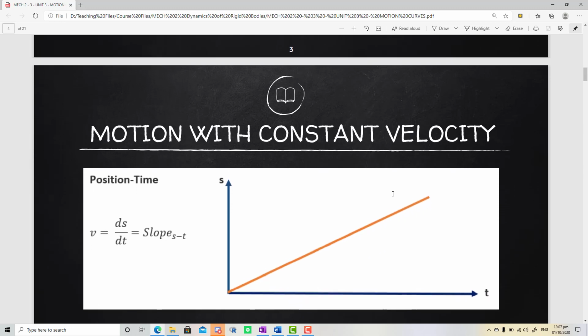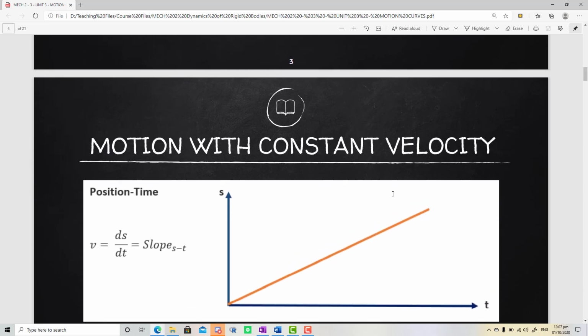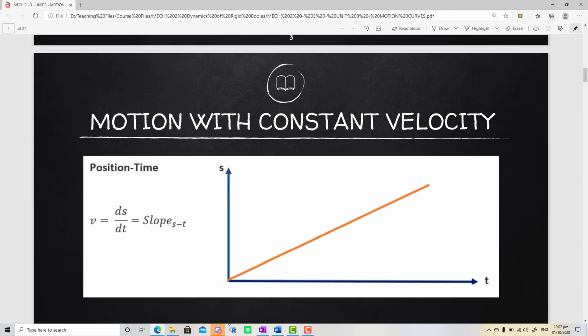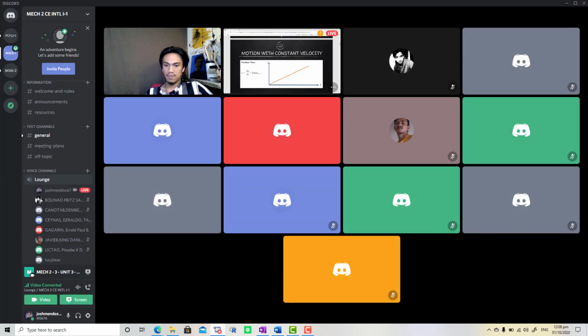So let's start with motion with constant velocity. From our discussion, or from the video that I have made regarding rectilinear motion, we basically have three types of rectilinear motion. Can someone enumerate the three types of rectilinear motion?